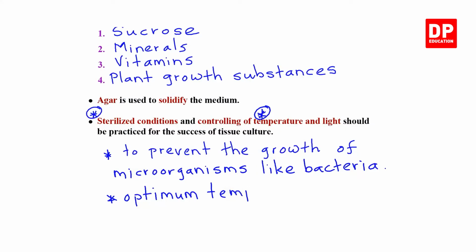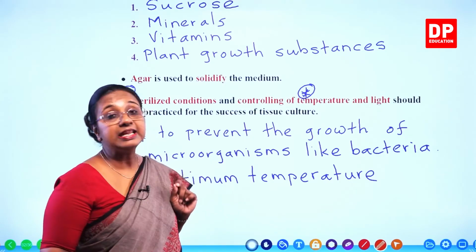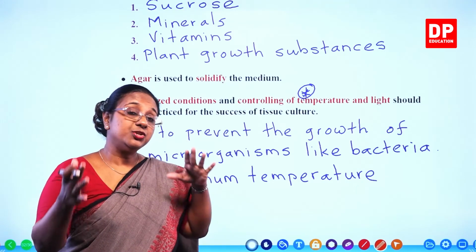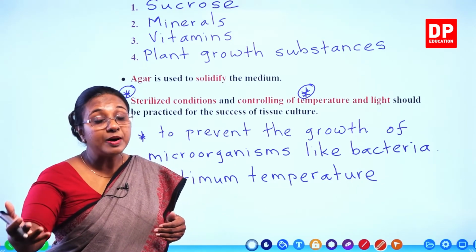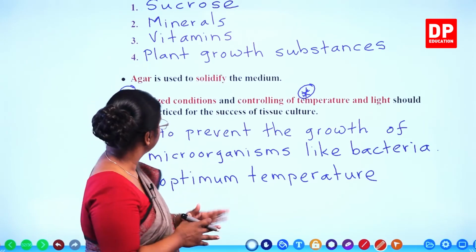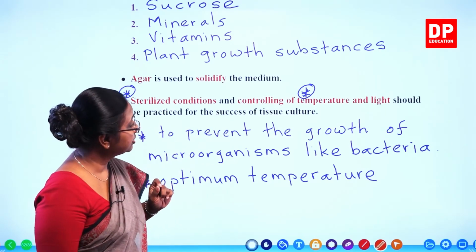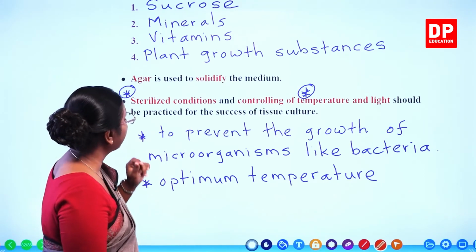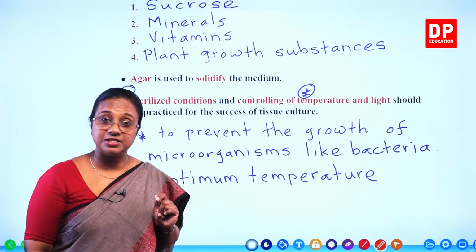So, this again will depend on the nature of the plant that you are trying to reproduce, and then even light. It shouldn't be too dark, it shouldn't be too much of light. So, we need to control the amount of light as well. So, sterilized conditions and controlling of temperature and light should be practiced for the success of tissue culture.